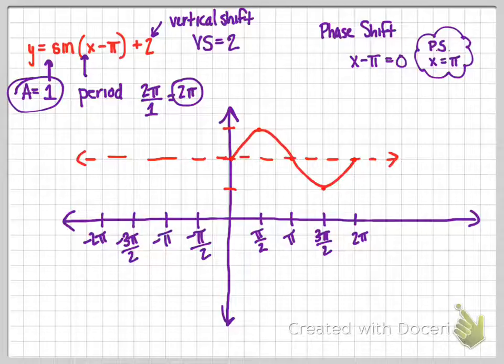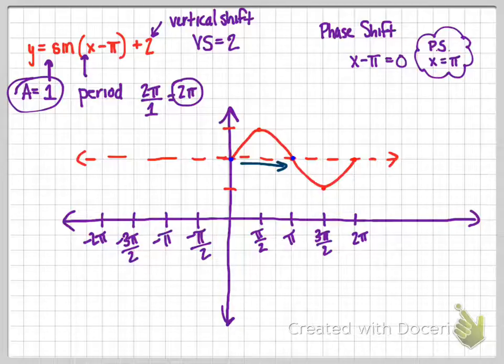Okay, but that's not the graph of my function. My function now has a phase shift. So now, instead of starting at 0, my graph is going to shift over by pi. Okay, so this point that I see at 0, because of this phase shift, is going to shift over a length of pi. So it's going to end up here instead.